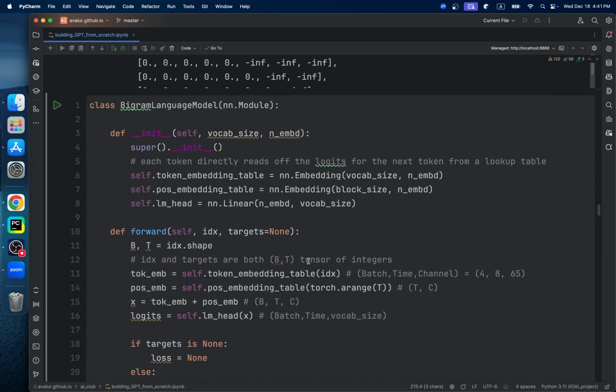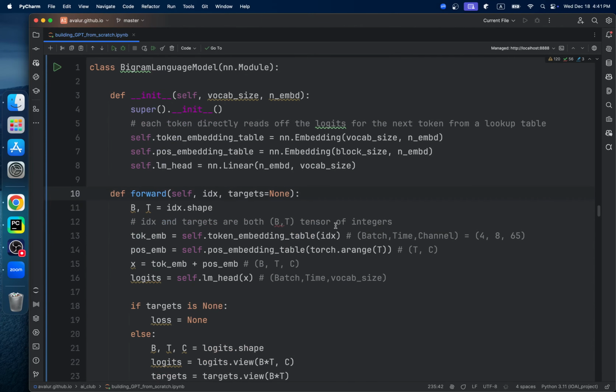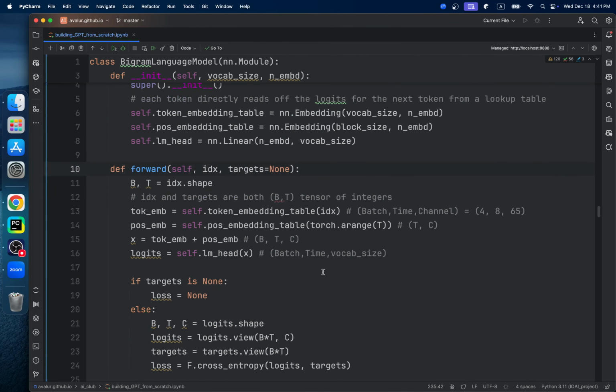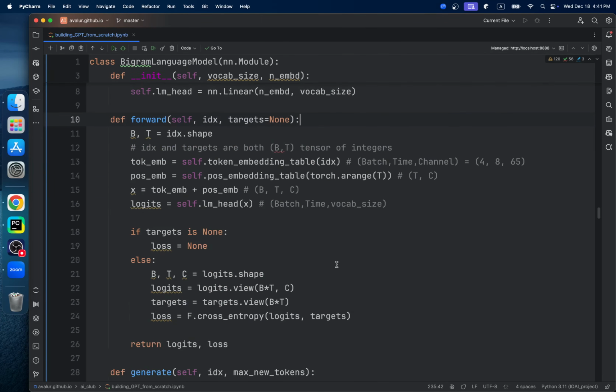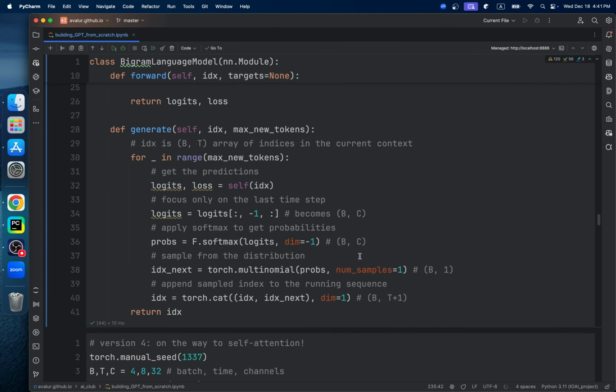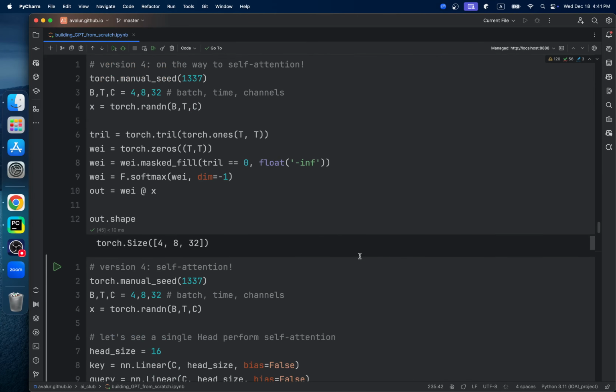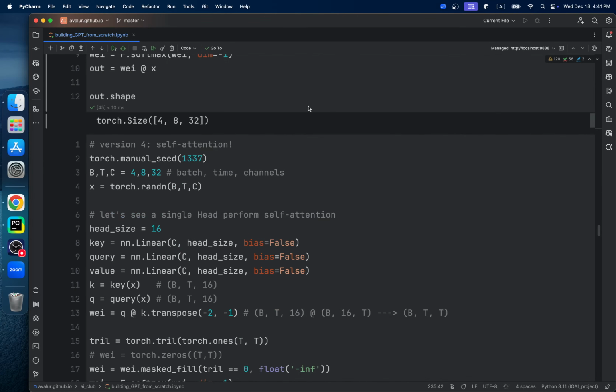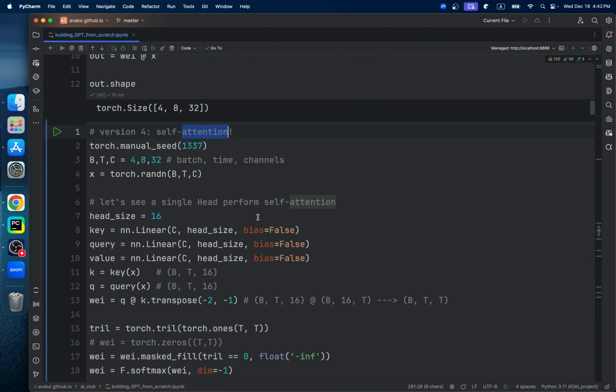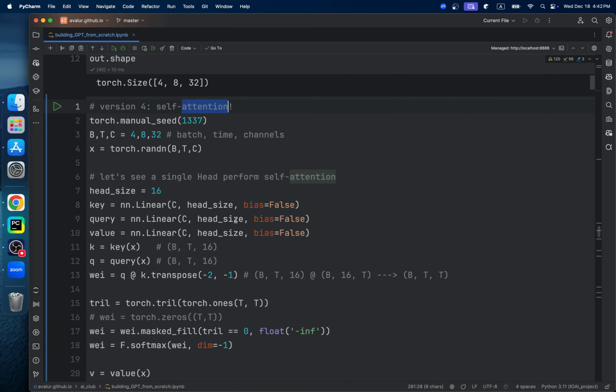This is the same bigram language model, but let me show you the attention mechanism here. So this is the fourth and last version, self-attention, which we will train. The input is almost the same.